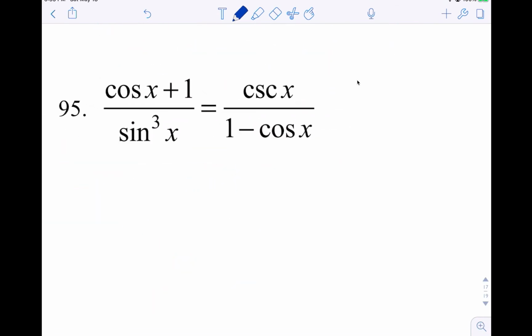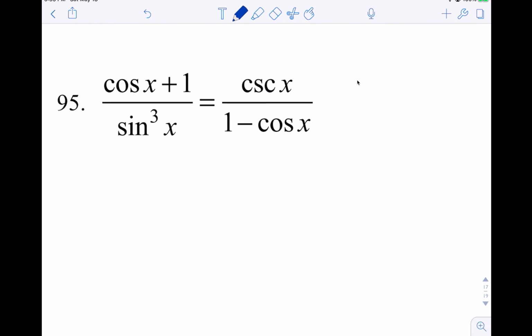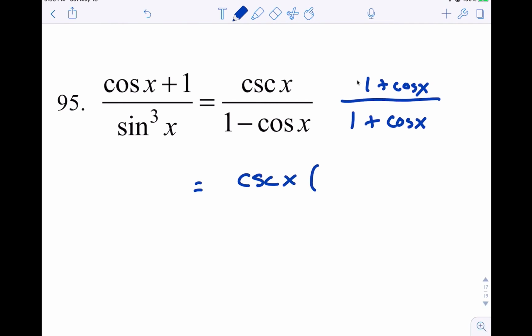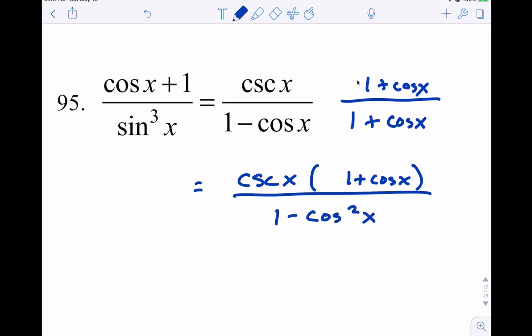And then the last one, all right, so I'm going to multiply by the opposite here. So that leaves me with cosecant times 1 plus cosine divided by 1 minus cosine squared.